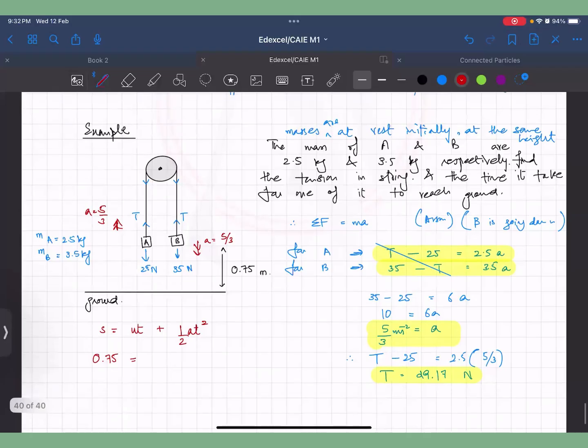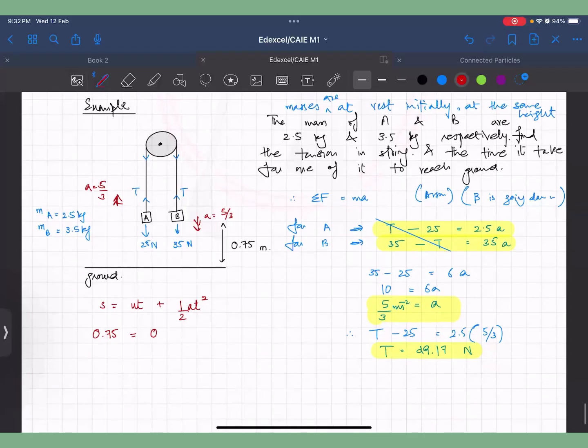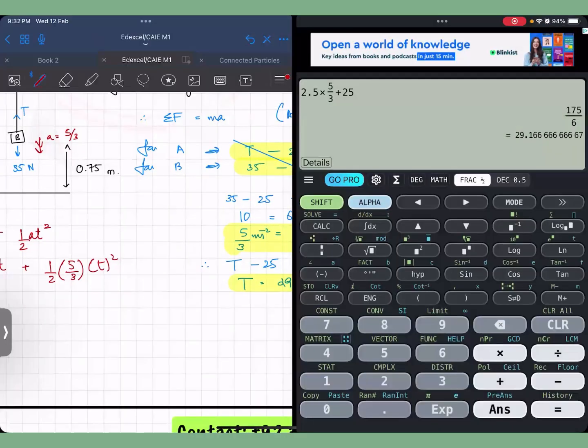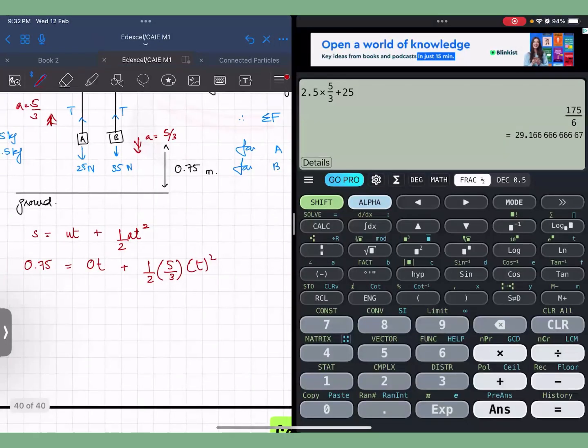So ut, initially it is at rest. Time is, we don't know, plus half, acceleration is 5/3 and time is squared. So now we solve this and then we get the value of time. So how much time it took to reach the ground? 0.75 times 2 times 3 divided by 5, 0.9 is equal to t square.